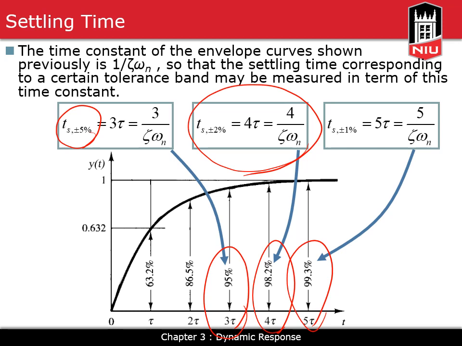So if it's just saying find settling time and it's not saying anything else, that means the tolerance level is assumed to be 2%, so you will be using the 4 over zeta omega n formula for settling time. So these are the formulas for settling time. Now we have formulas for rise time and settling time. Going forward to see the next ones.